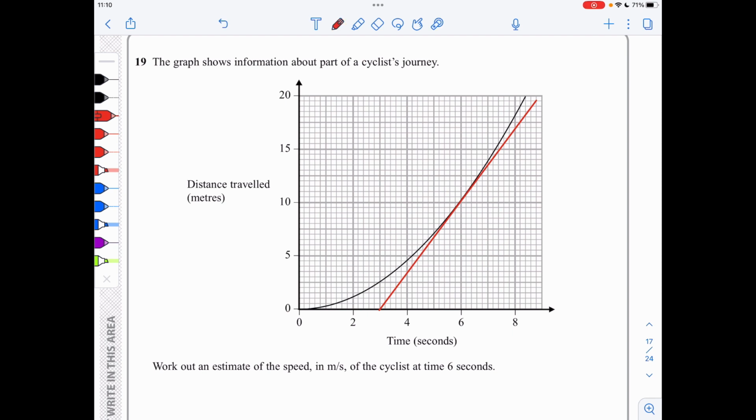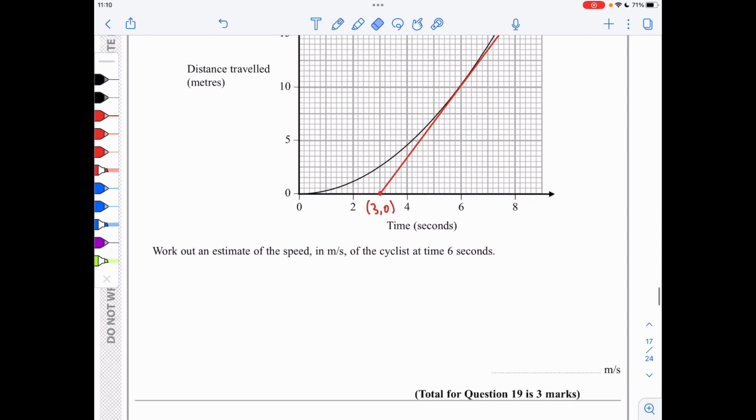We notice that we pass through the point here, which has coordinates 8.2, 17.5, and we also pass through the point here, which has coordinates 3, 0.